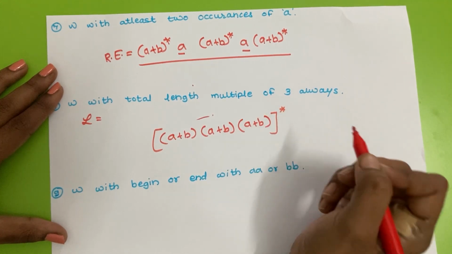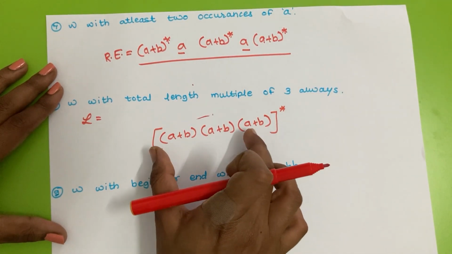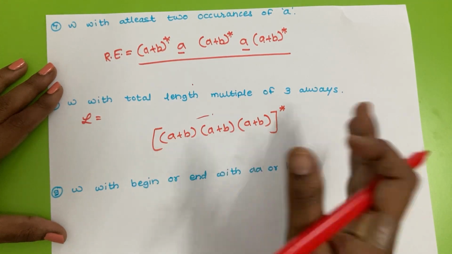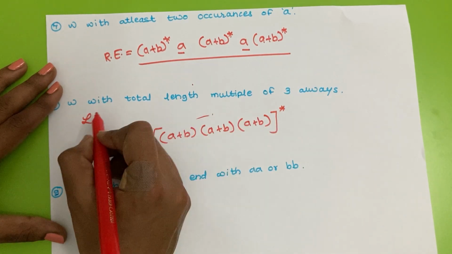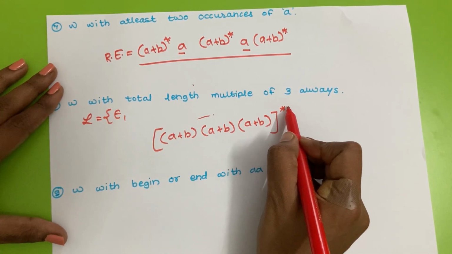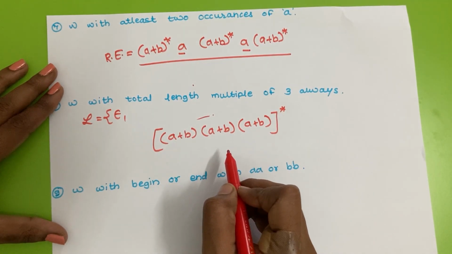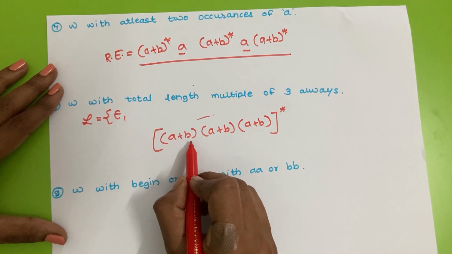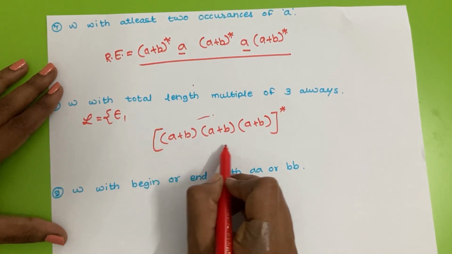So this will be our final regular expression, meaning these 3 brackets will go on repeating. If the power is 0, that will be for the empty string. If the power is 1, then this total bracket appears a single time, meaning A plus B, A plus B, A plus B, so here come the strings of length 3.